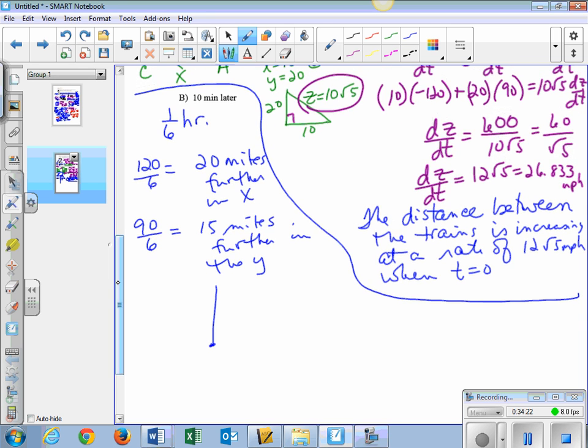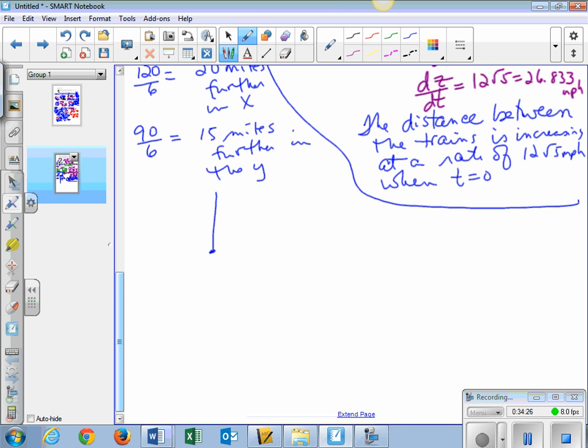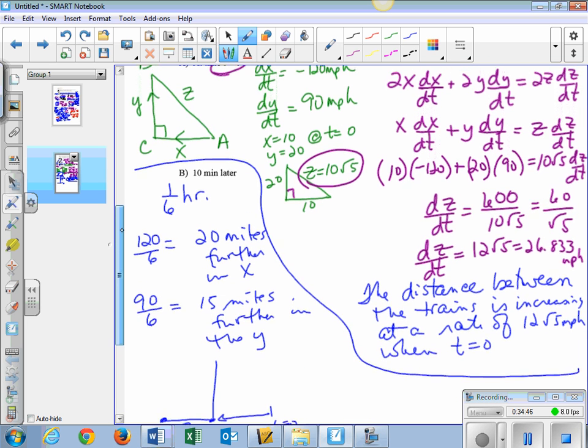So it has gone to the left 20 miles. Coming this direction, it's gone the 10 miles plus 10 more miles. It's gone past Chicago. Whoops. Okay, but remember we started over here at 10 when t equals 0. X was equal to 10. Do I have that right? Yep.